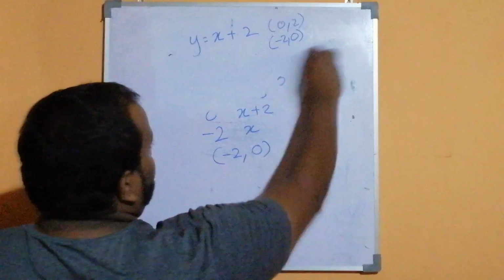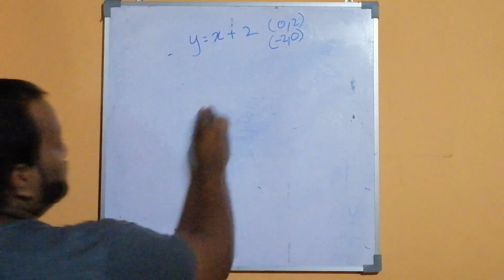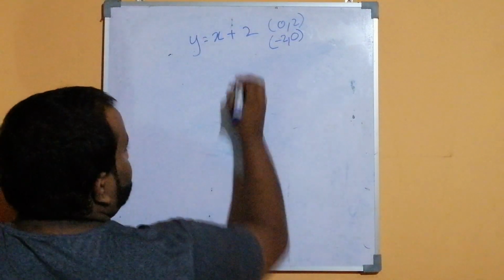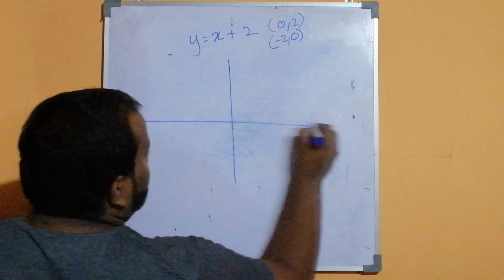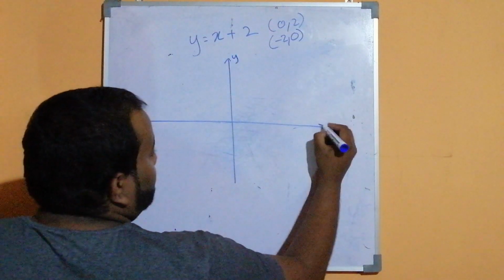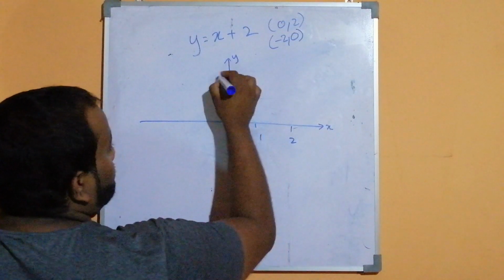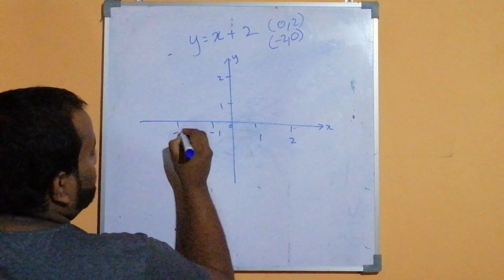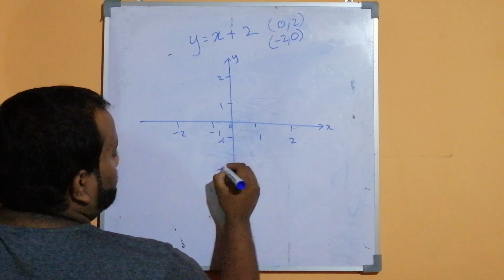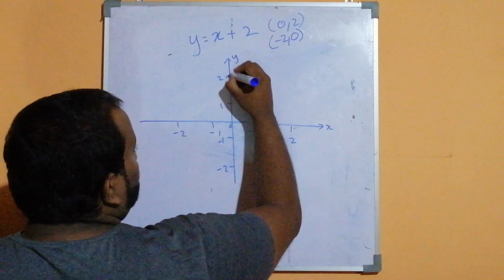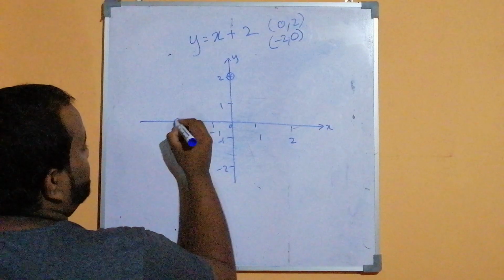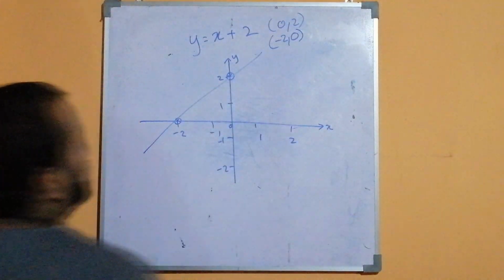And I start to draw the graph. The two coordinates that we have got are 0, 2 and minus 2, 0.